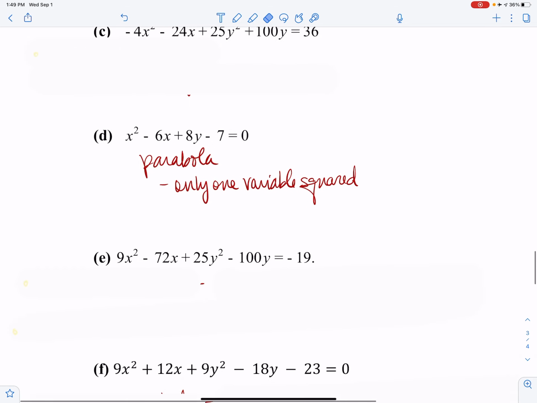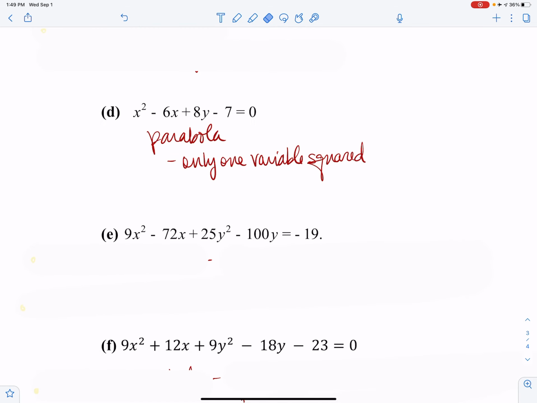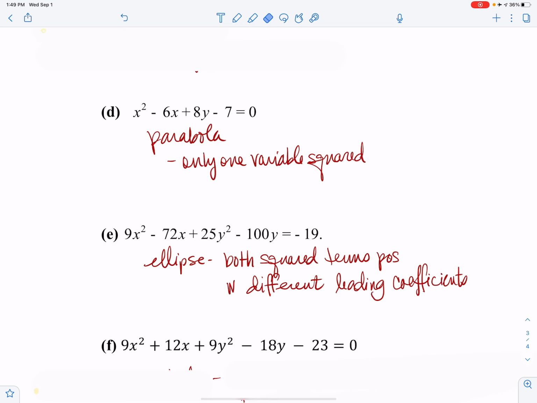Jump down to part E. Once again, notice that my squared terms are both positive. So this is either going to be a circle or an ellipse. But if I take that a little further, my leading coefficients are different. So that's how I'm going to settle on it being an ellipse.